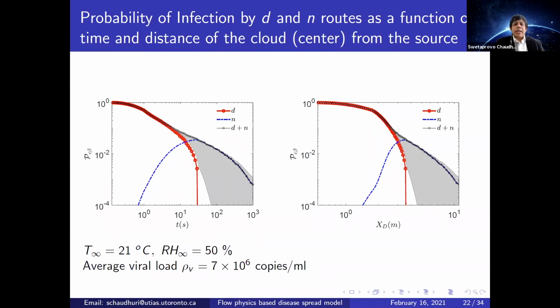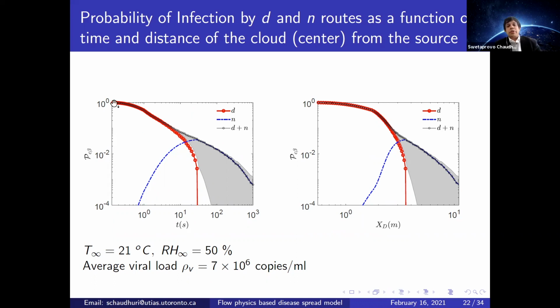Okay. Now we can estimate the probability of infection. The red curves correspond to the probability of infection for the droplet route. The blue is for the nuclei route, and here we plot the probability of infection as a function of time. And here we plot the same thing, the probability of infection for the cough event for the different vectors as a function of distance.